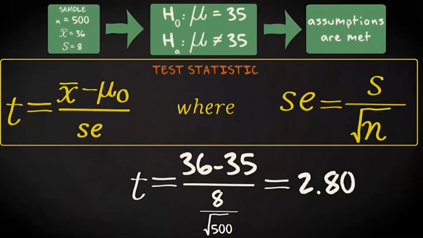So how are estimation and the confidence interval closely related? Let's say this example here. My n is 500, mean is 36, standard deviation is 8, null hypothesis is mu equals 35, alternative not equal to 35, and we calculate t as 2.80.